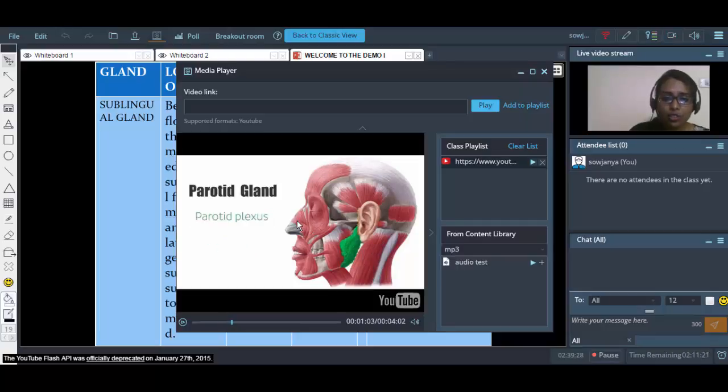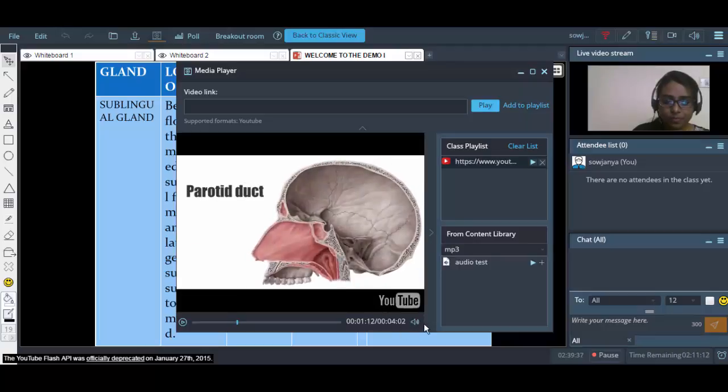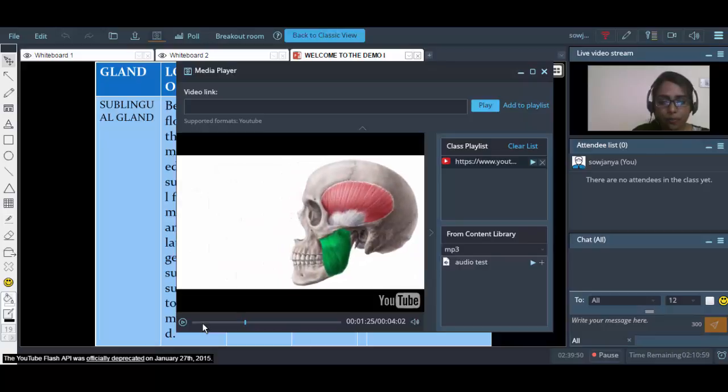The parotid plexus divides it into the superficial and the deep part. You can see Stensen's duct here, which is present opposite to the maxillary second molar and drains through the parotid papilla. Stensen's duct pierces the buccinator muscle.